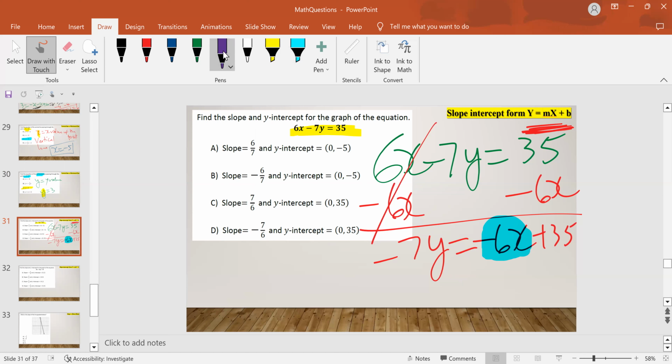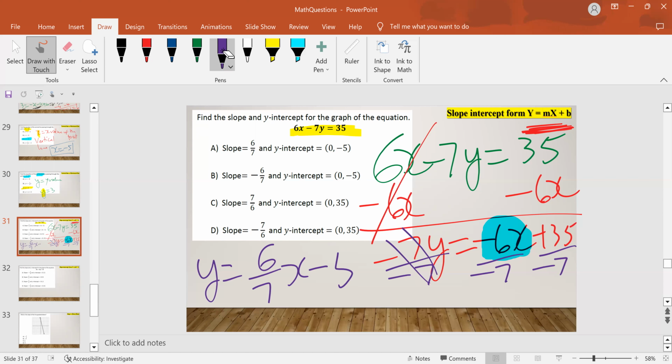And now I will divide everything here by -7. Therefore, I'm going to have y is equal to, because -7 cancels out, -6 divided by -7 will be positive 6 over 7 with the x, and the positive 35 divided by -7 is -5.